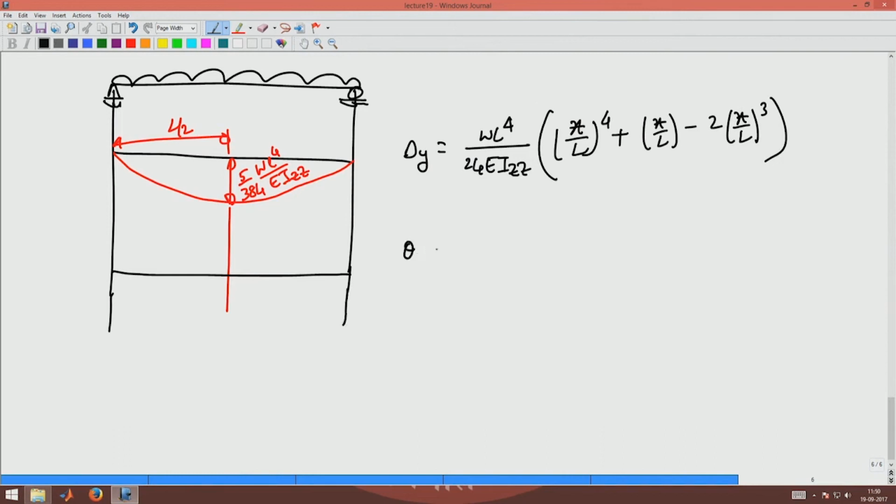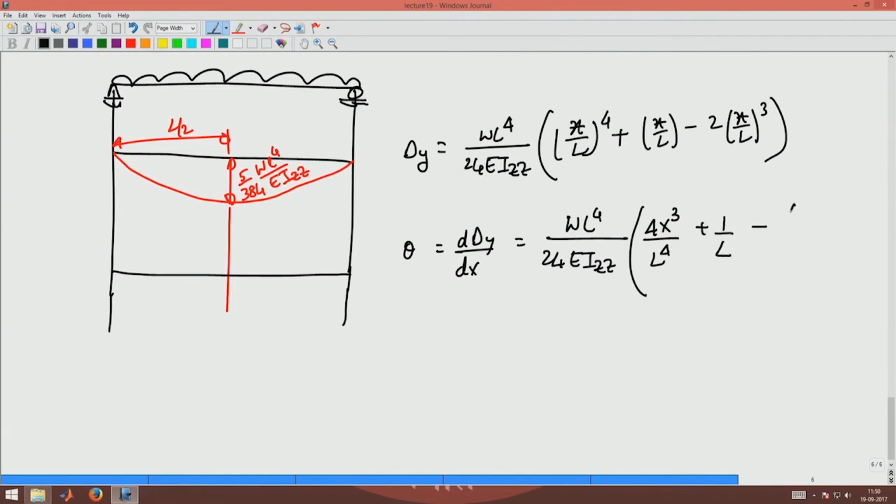Theta is d delta y by dx, that is W L power 4 by 24 E I ZZ into 4 x cube by L power 4 plus 1 by L minus 6 x square by L cube.